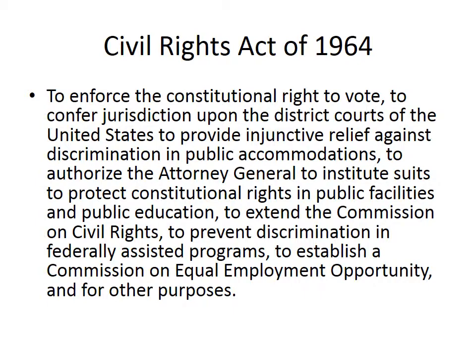It says, to enforce the constitutional right to vote, to confer jurisdiction upon the district courts of the United States, to provide injunctive relief against discrimination in public accommodations, to authorize the Attorney General to institute suits to protect constitutional rights in public facilities and public education, to extend the Commission on Civil Rights, to prevent discrimination in federally assisted programs, to establish a Commission on Equal Employment Opportunity, and for other purposes.